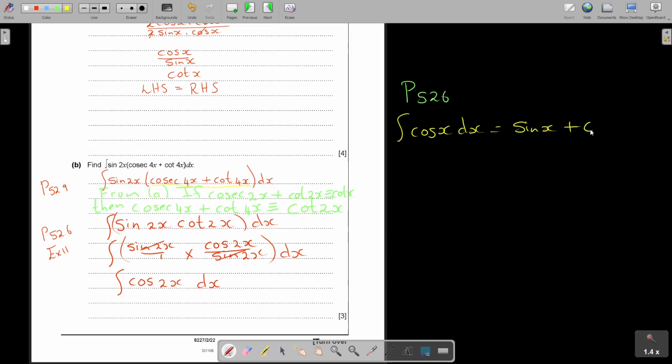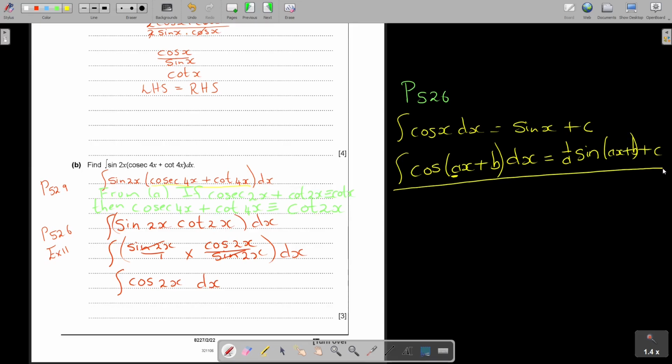But it's going further. If you have cos of ax plus b dx, that will be equal to 1 over a. It's integration, it's not differentiation. So 1 over a sin, and then the bracket as it is, and then plus c.